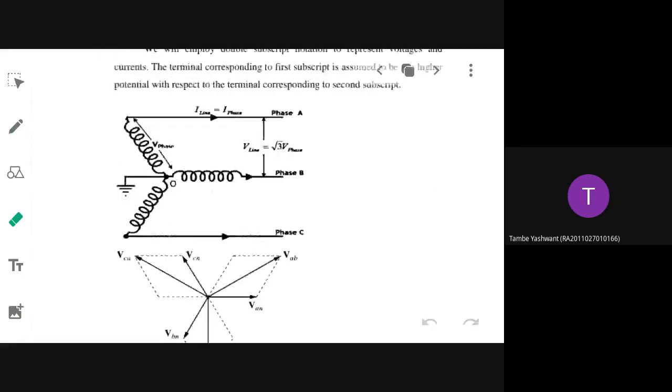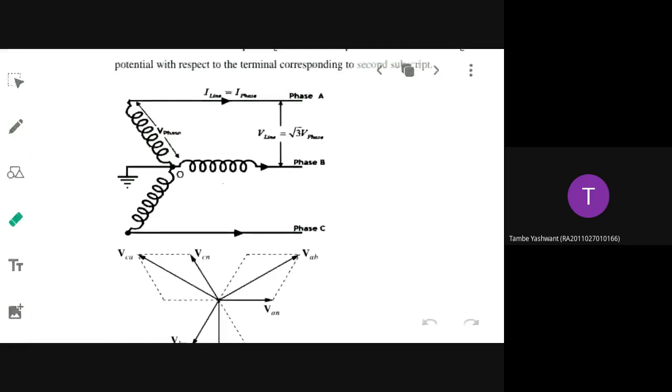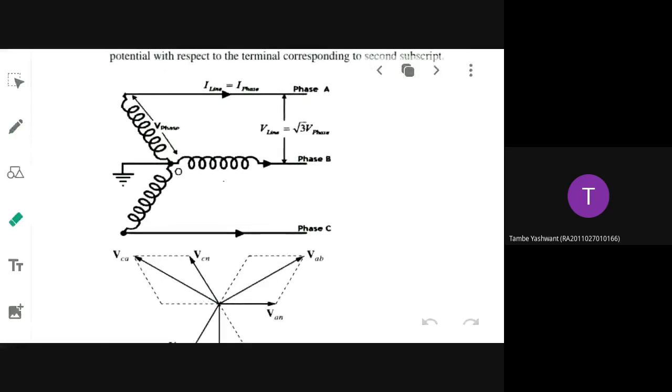Now let us consider this star connection. I already told you the line current will be equivalent to the phase current.